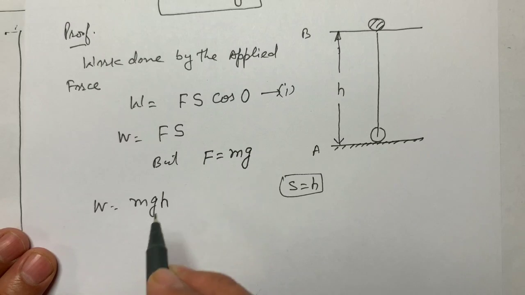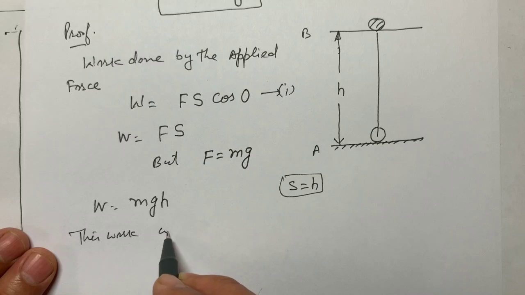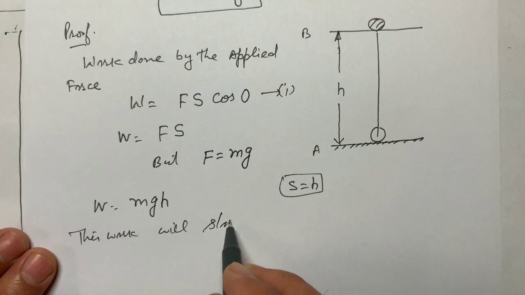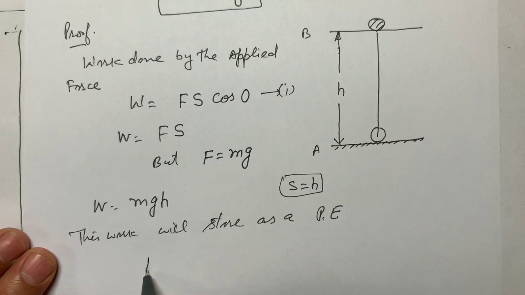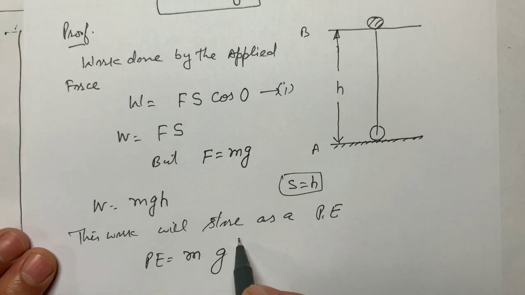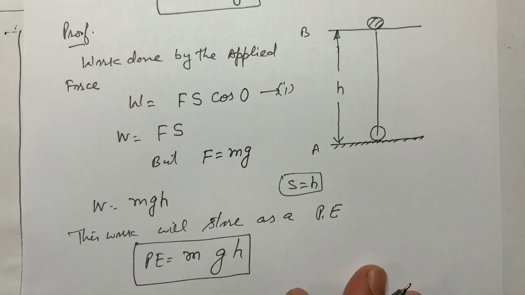So W is equal to mgh. Now this work will be stored as a potential energy. So potential energy is equal to m into g into h. Basically this is known as a change in potential energy from A to B.